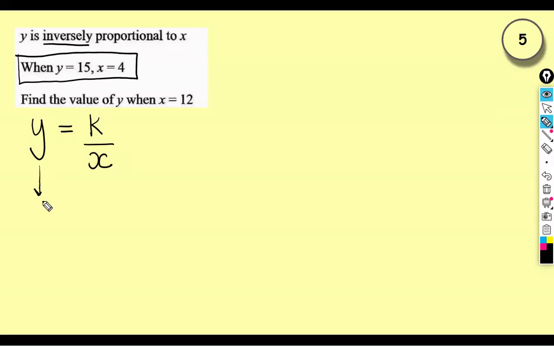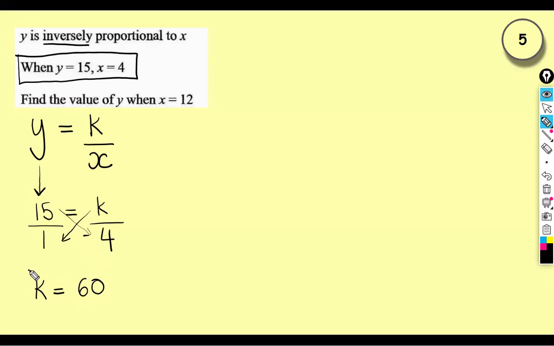Let's do that. Y here, replace with 15, x with 4. We obviously have to solve for k. We know 15 is the same thing as 15 on 1, cross multiply. 1 by k is k, and 15 by 4 is 60.